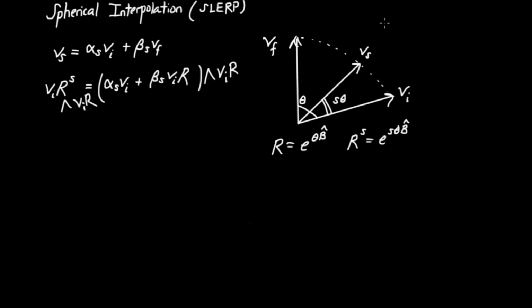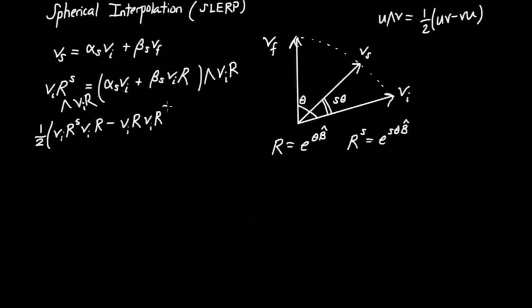And you'll remember too that the wedge product between two vectors, let's say U wedge V, is equal to 1/2 (UV minus VU), where this multiplication is just the geometric product. So I'm going to use that feature of the wedge product. On the left-hand side, just writing this out, it's going to be 1/2 (VI R to the S times VI R minus VI R times VI R to the S).